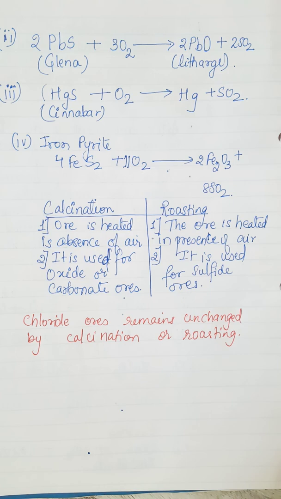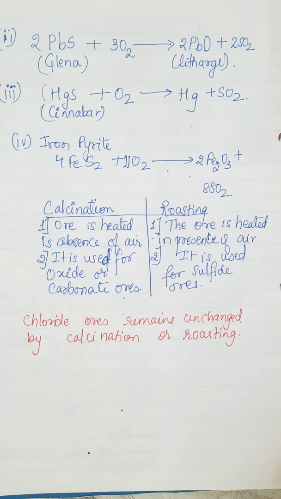So these are the differences and I have given you many examples. Go through these examples along with the differences and the point to be noted. With this we complete the topic of conversion. In conversion you need to remember only 2 things, that is calcination and roasting.